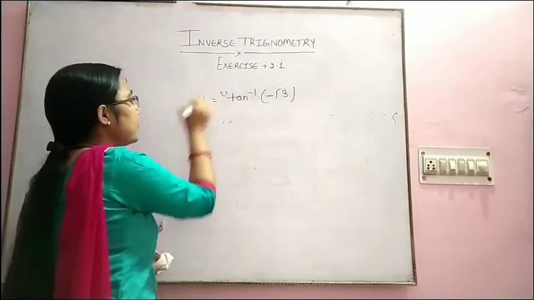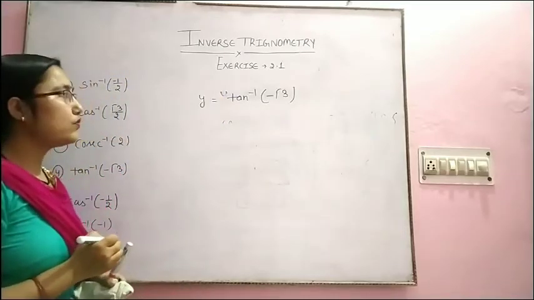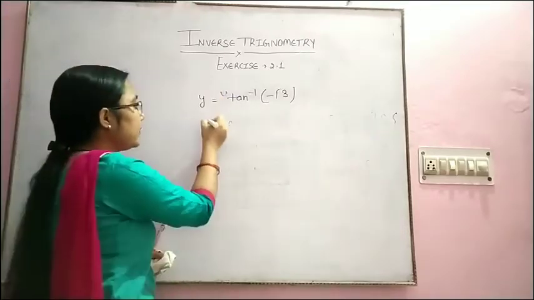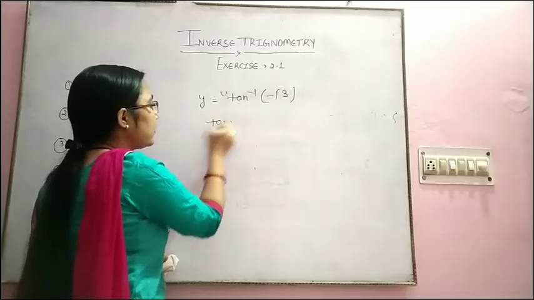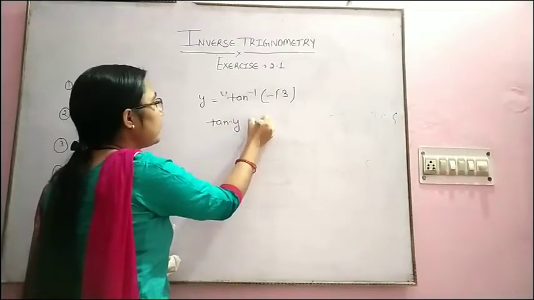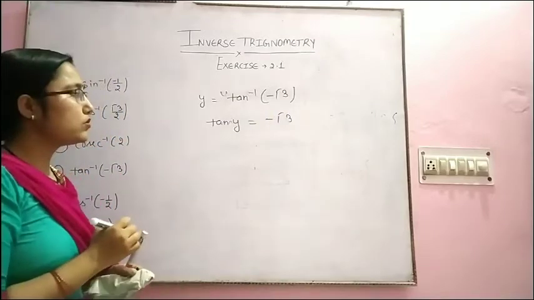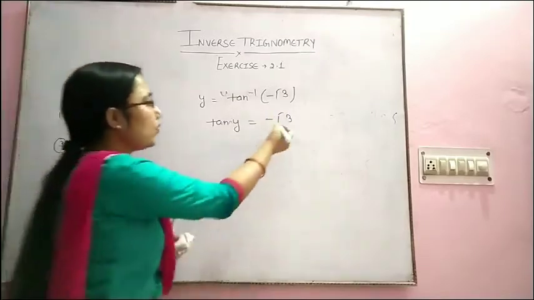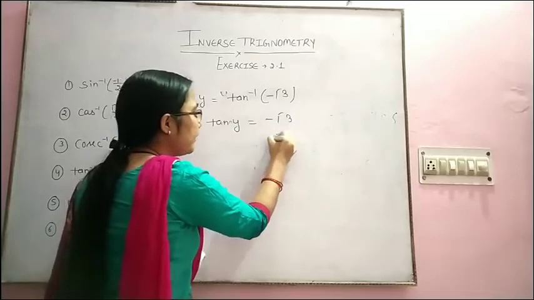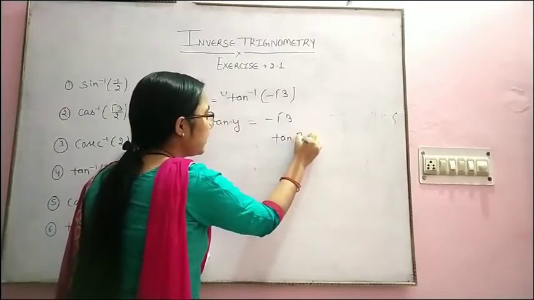Same step first. Let y equal tan inverse minus root 3. That means we can write tan y equals minus root 3. And root 3, in terms of tan, is tan pi by 3.